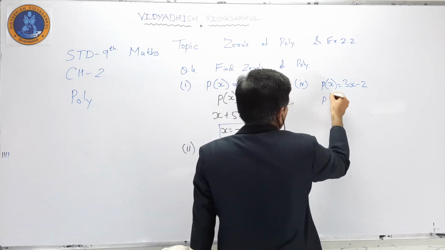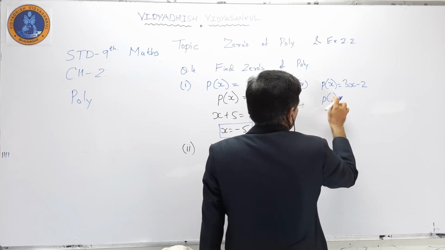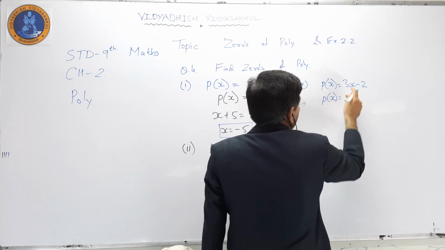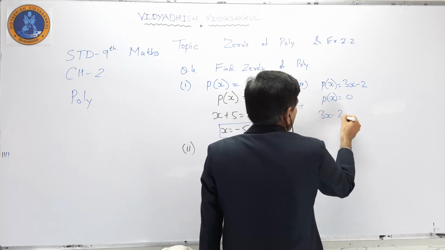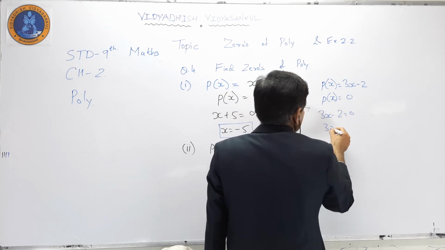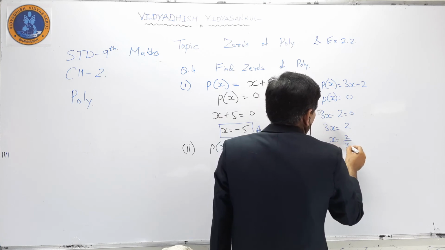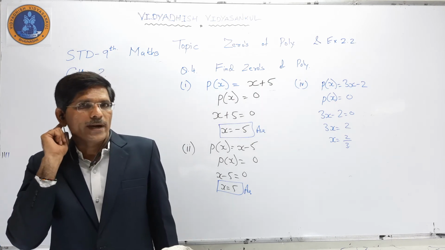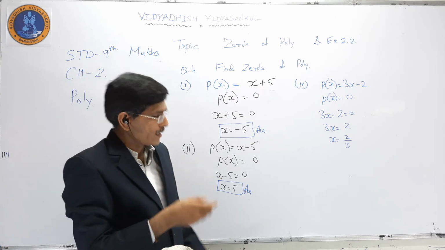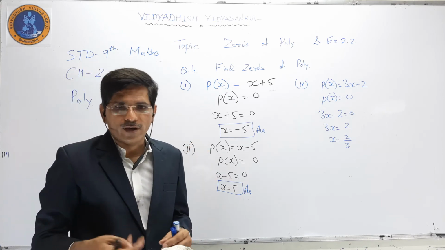I have to write p of x equal to 0. Now for p of x, I write 3x minus 2. So 3x is equal to 2. Therefore x is equal to 2 by 3. Now write first, second, third yourself.